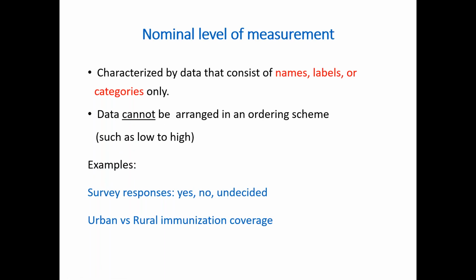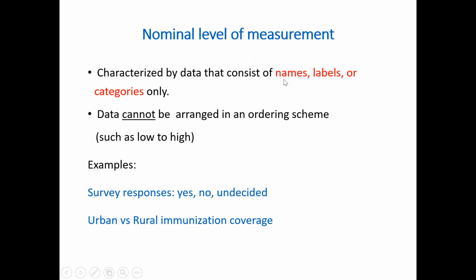Now, there are again other ways of measurement of the data. This could be nominal level of measurement. What is that nominal? This is characterized by naming or labeling of categories. As I've already told you, this is again a part of the qualitative data. Broadly, it comes under nominal. So naming variables.